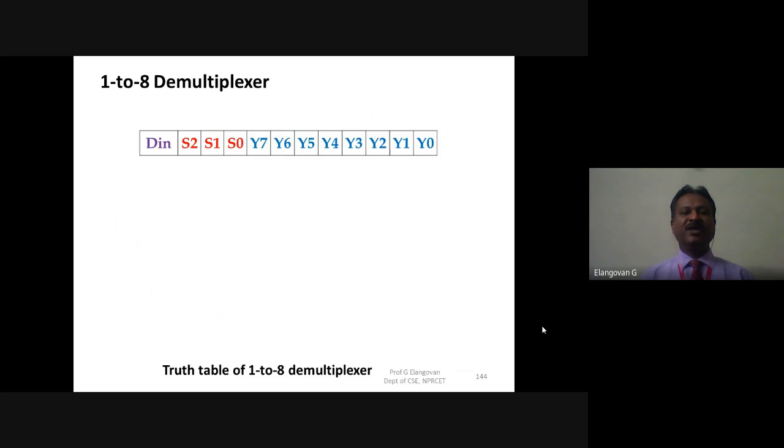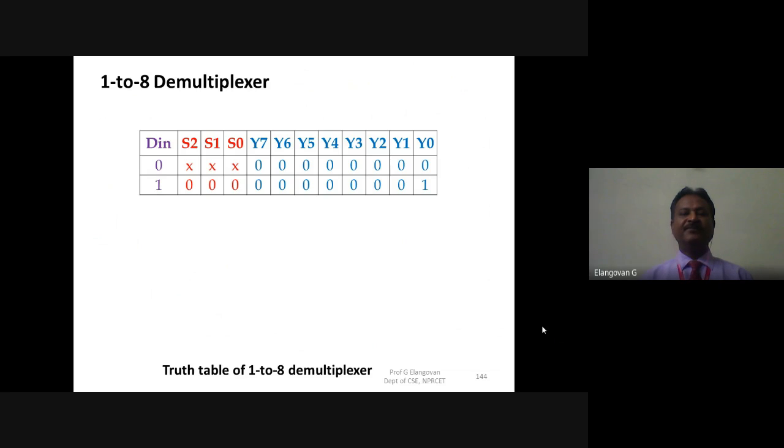Similarly, the 1:8 demultiplexer. Assuming that enable is available, if D in is 0, whatever the combination, all the outputs will be at low level. If D in is 1, depending on the S2, S1, S0 values, we have 8 different combinations.